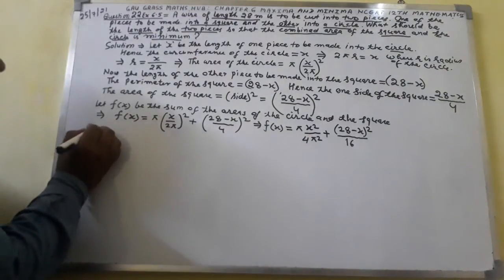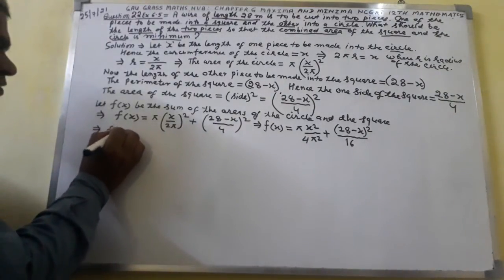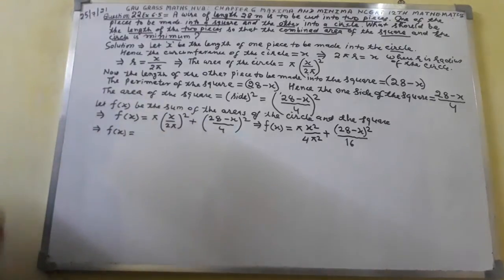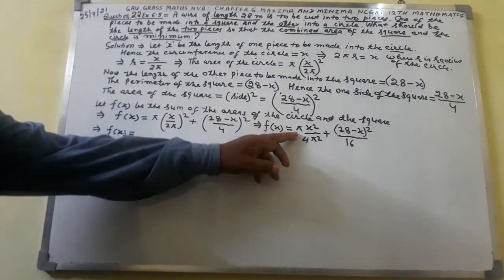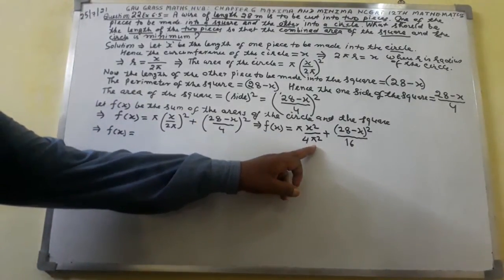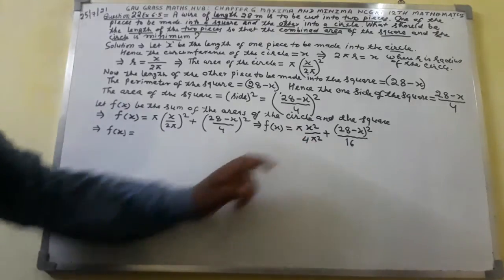Again I shall write, f of x equal to. Here in the numerator pi is available and in the denominator pi square is available. That will be cancelled out.